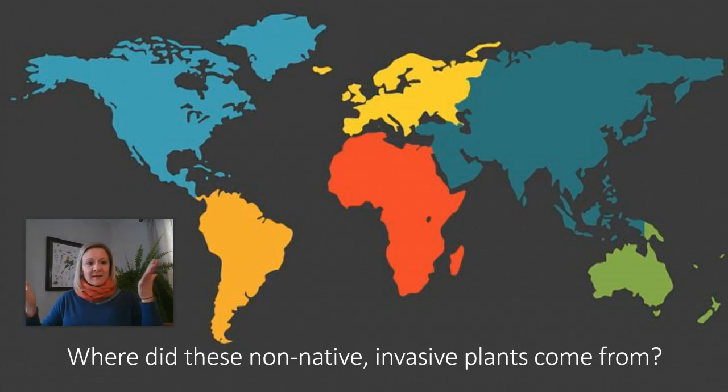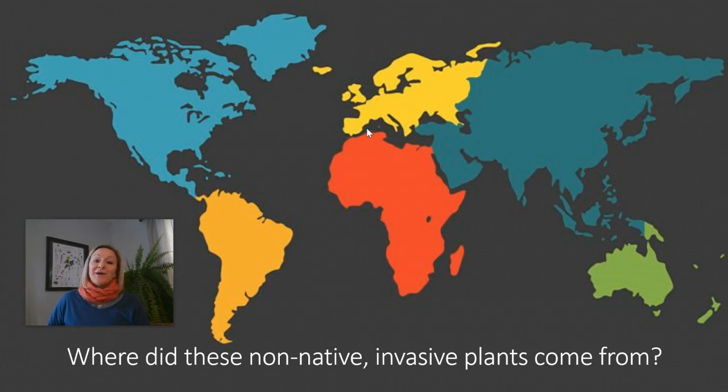If they're not native, where do you think they came from? So here's a picture of all of the continents. And we know, if you follow my cursor, that they're not native to North America. Okay, these 36 noxious weeds. Where do you think a majority of them came from? I don't know, Stephanie. Where?